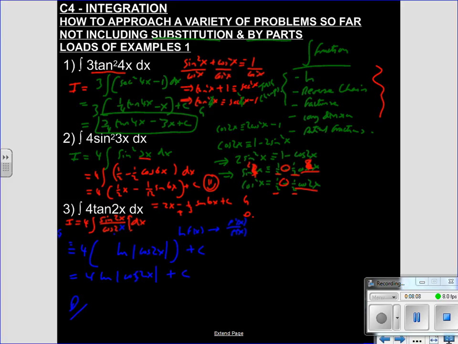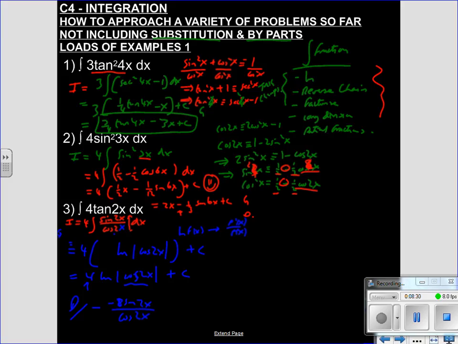So now differentiate to check. Cos 2x. So ln f of x goes to the f of x on the bottom, as we've said. Cos goes to minus 2 sine 2x. All times by that 4 gives me minus 8 sine 2x. So it's too big, isn't it? It's too big, and there's a minus in there. So I need to divide everything.